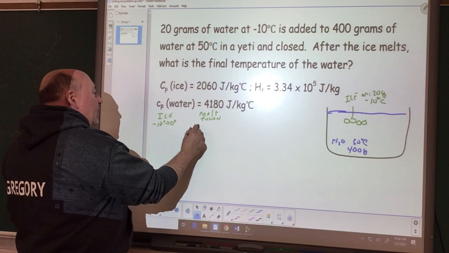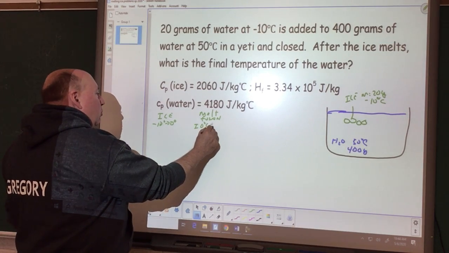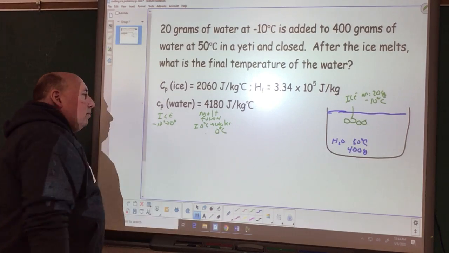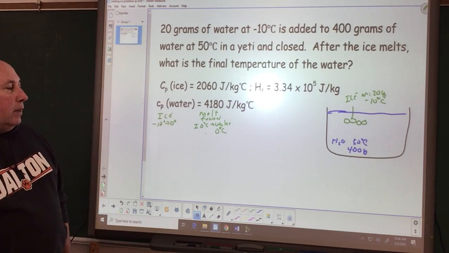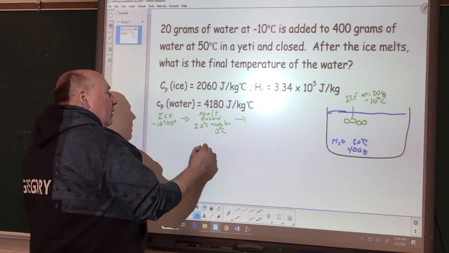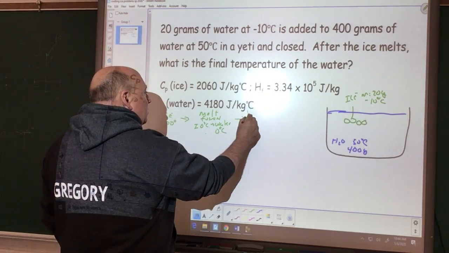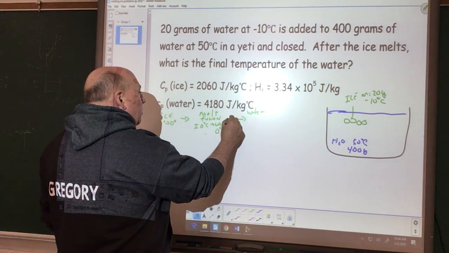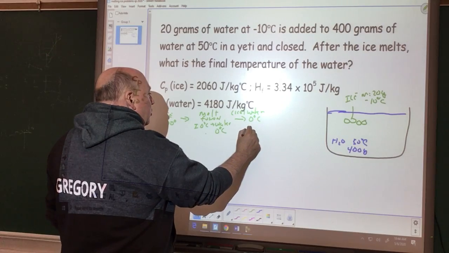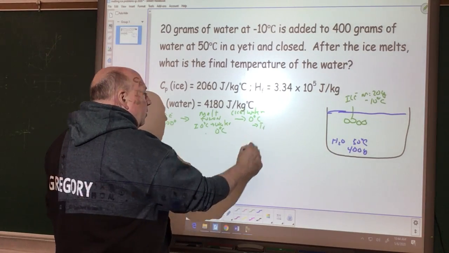We have to take ice at 0 degrees Celsius to water at 0 degrees Celsius. And then we have to take this water, which used to be the ice, from 0 degrees Celsius to a final temperature.